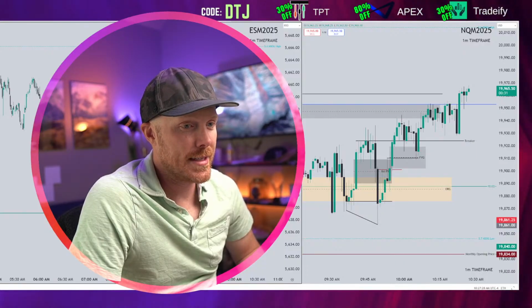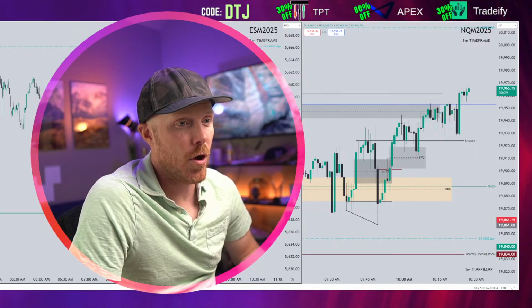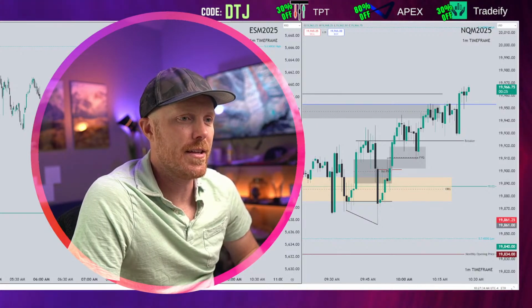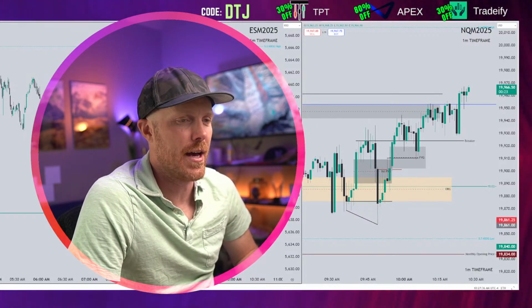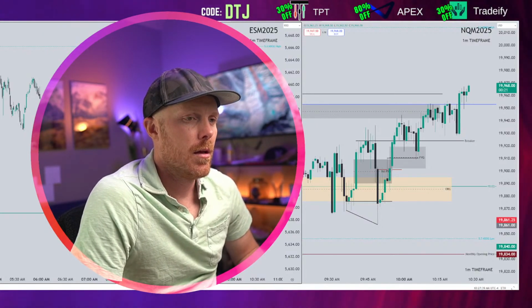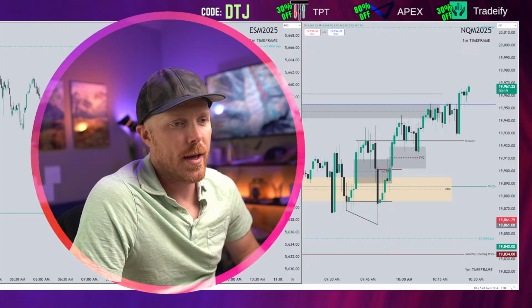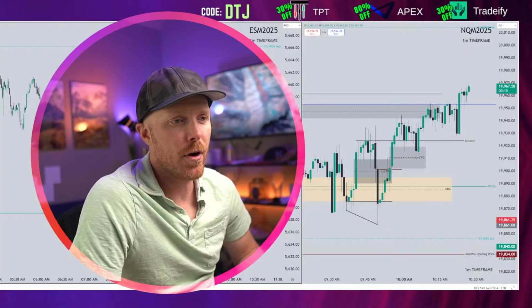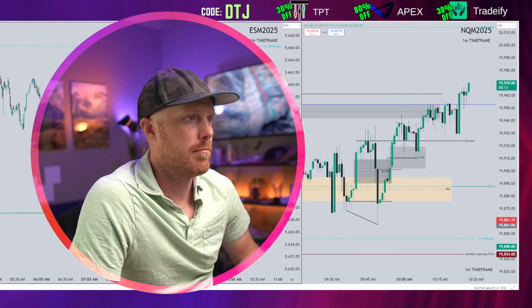And with that said, my honest opinion out of all of the platforms, I have these 3 platforms because I think they add value in some way. Here's the ways I think they add value. Apex, if you're a brand new trader, by far the best option, cheapest.